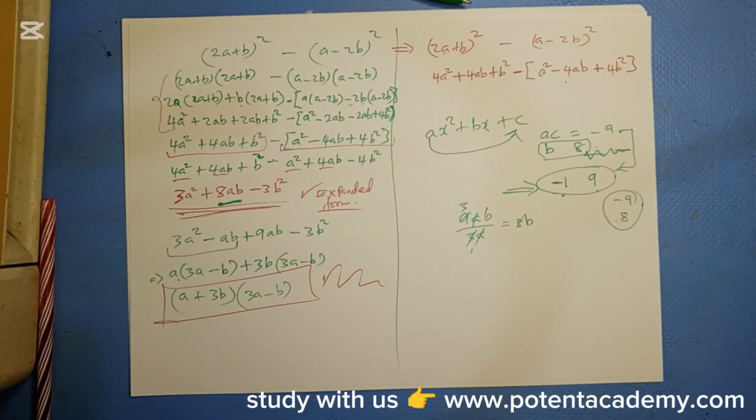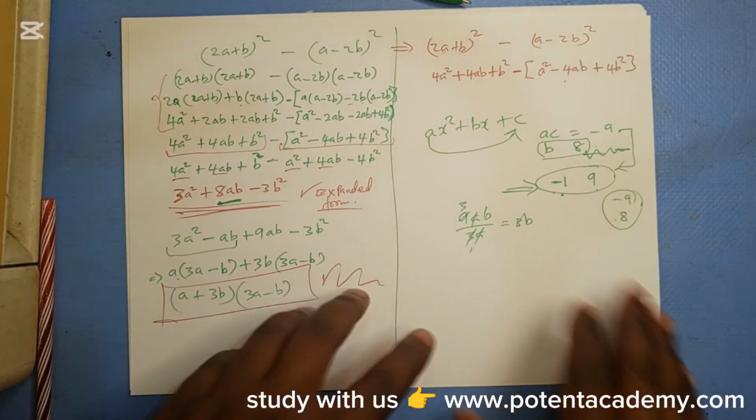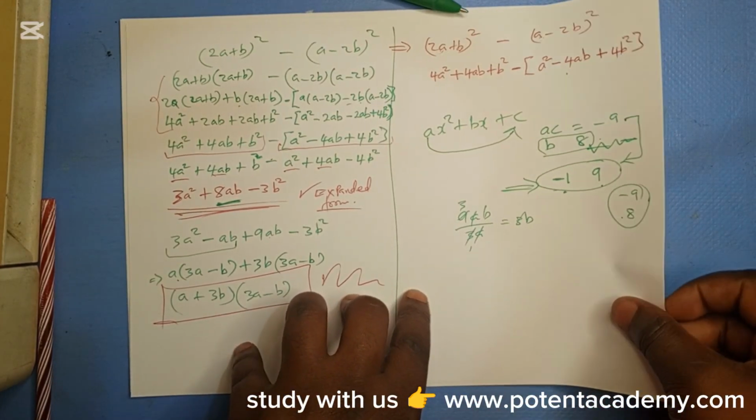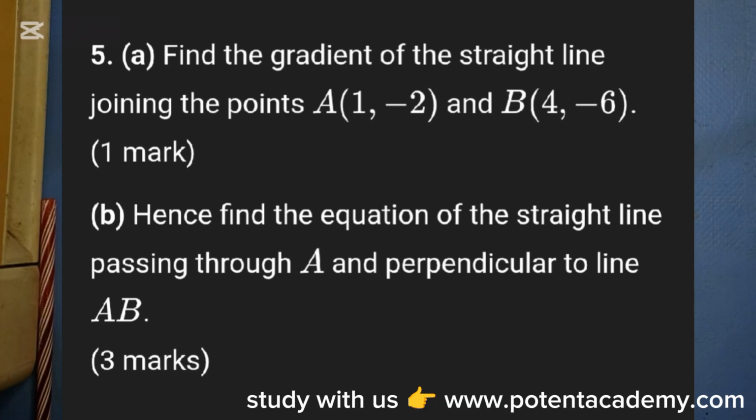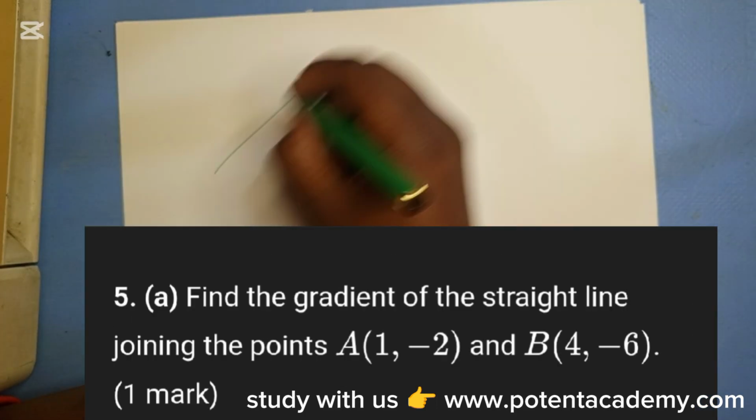Question 5 is equation of a straight line. The question asks, find the gradient of a straight line joining points A and B. So you are given both points.